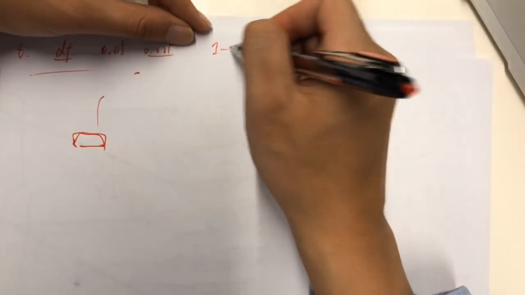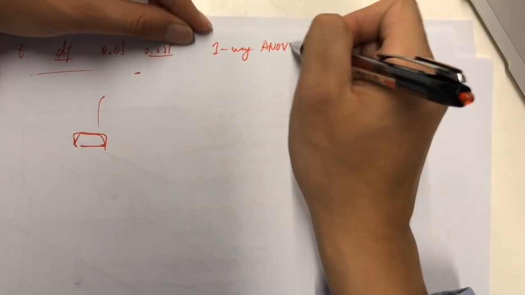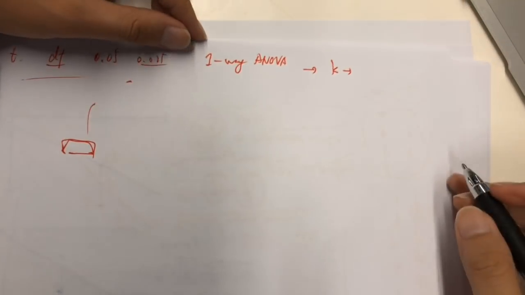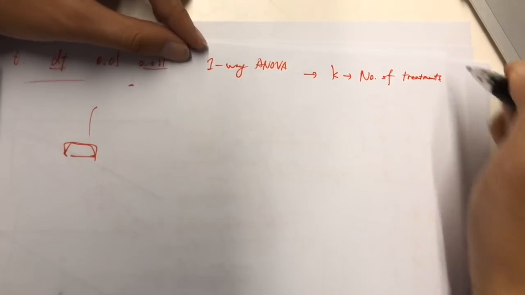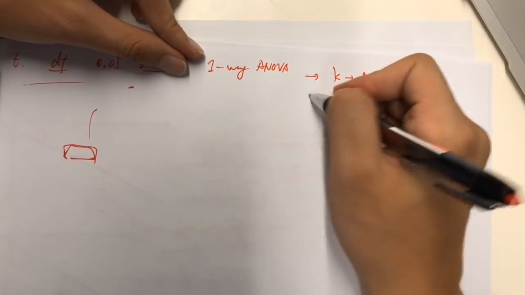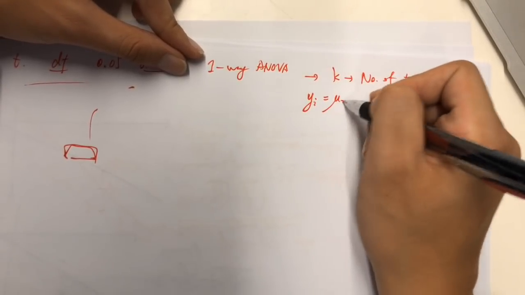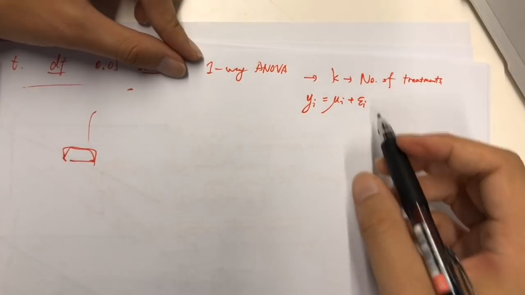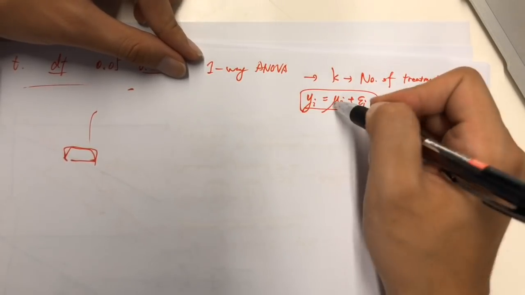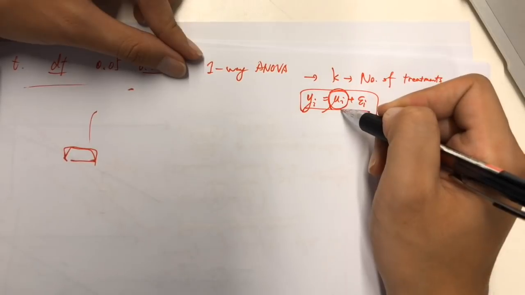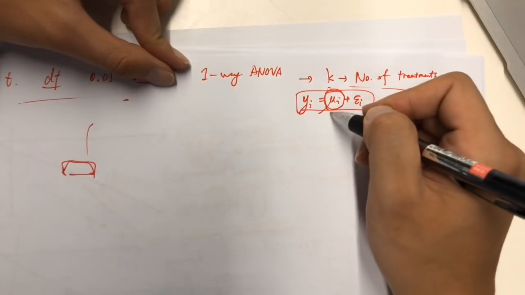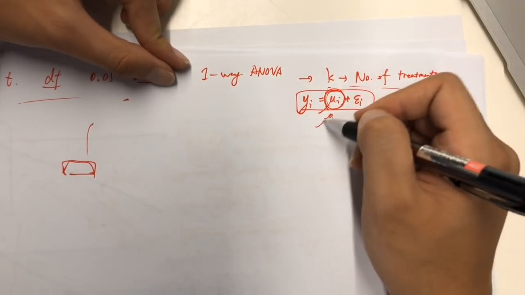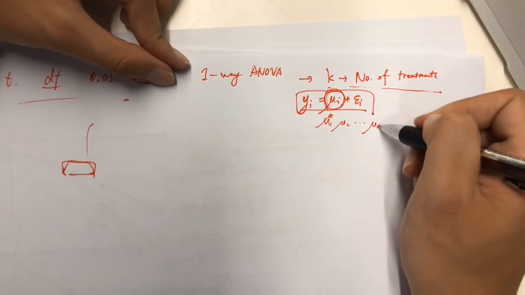So in a one-way ANOVA model, we define K to be the number of treatments, right? And as we see, the one-way ANOVA model is given by y_i = mu_i + epsilon_i, right? So if you want to estimate this model, you need to estimate K different population means, right? Because K is the number of treatments, you need to estimate mu1, mu2, to mu K, right?